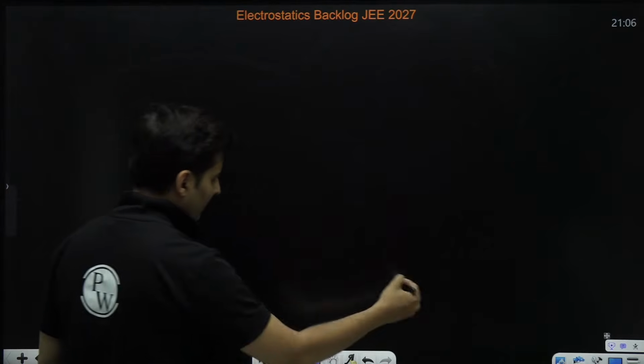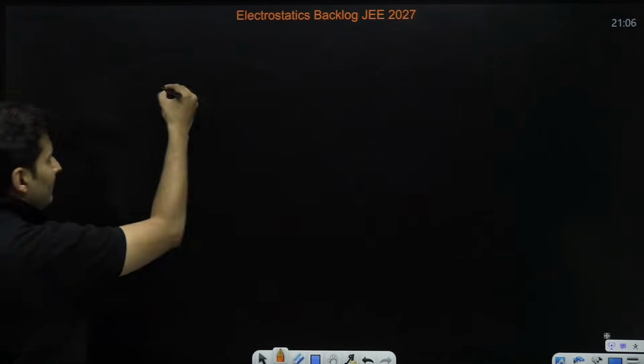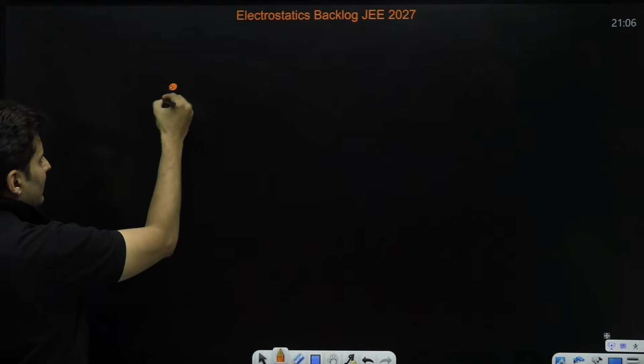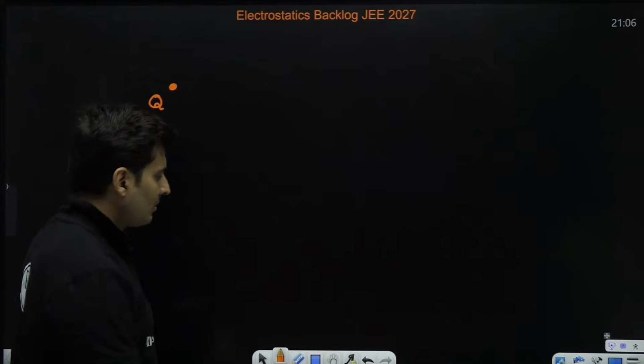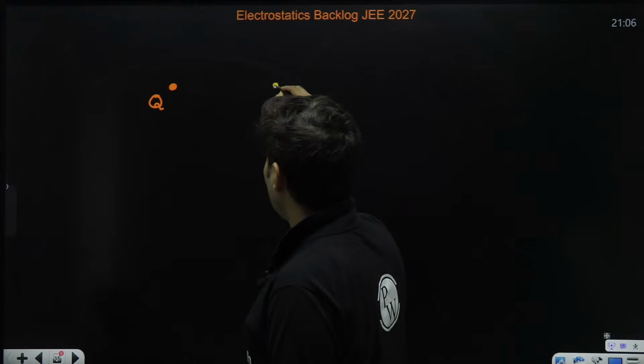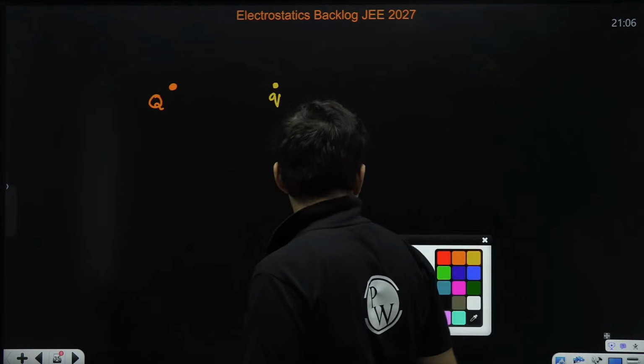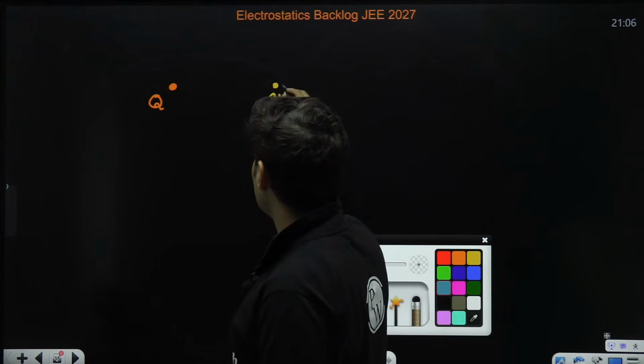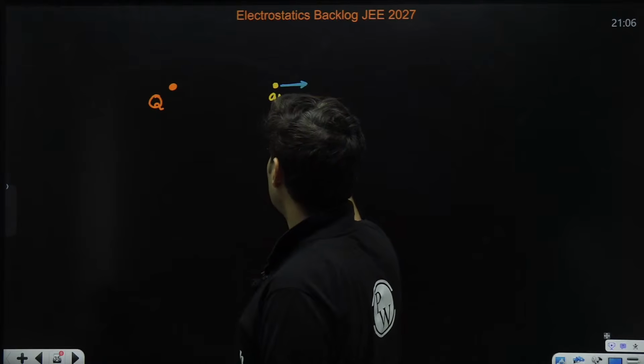I'll explain it. See, imagine this charge Q is there. Now there is another charge, small q. Because there is some distance between them, 100% there is a force.